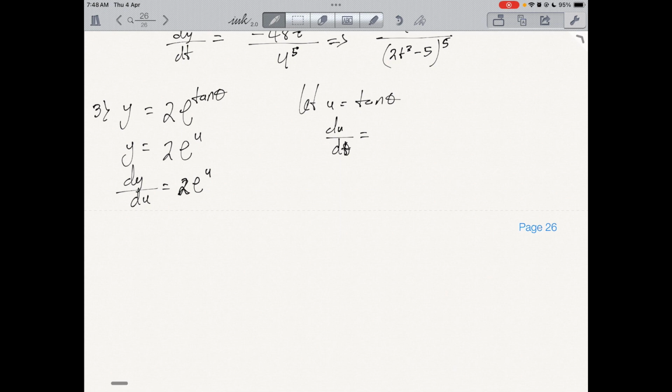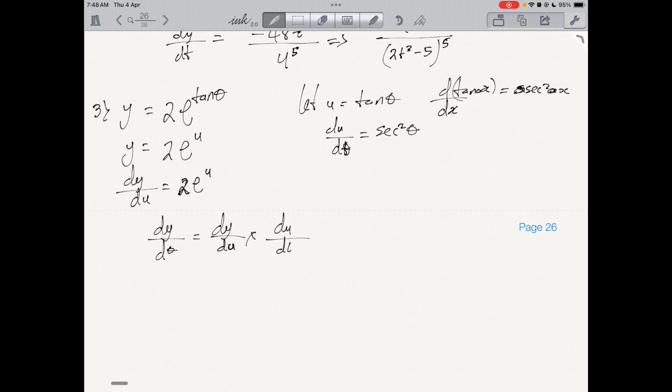And when we differentiate tan theta, remember that differentiation of tan ax is equal to a sec squared ax. So differentiation of tan theta will give us sec squared theta. Therefore our dy/d theta will be dy/du multiplied by du/d theta.